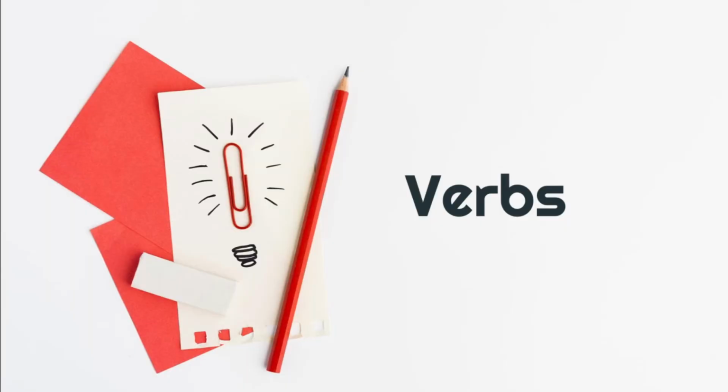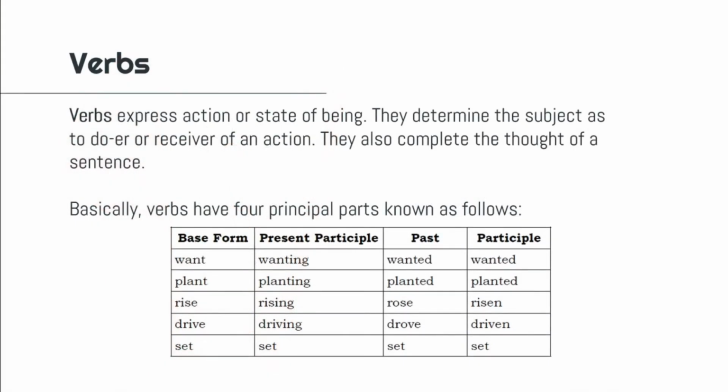Now, let's review first the concepts about verbs. Verbs express action or state of being. They determine the subject as the doer or receiver of an action. They also complete the thought of a sentence.